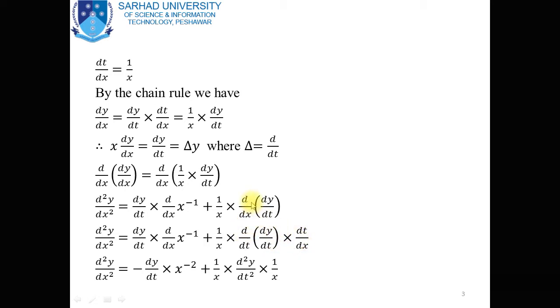We can write d/dx of dy/dt as d/dt of dy/dt multiplied by dt/dx. Taking the derivative of x^(-1), we obtain minus dy/dt multiplied by x^(-2) plus 1/x multiplied by d²y/dt² multiplied by 1/x.